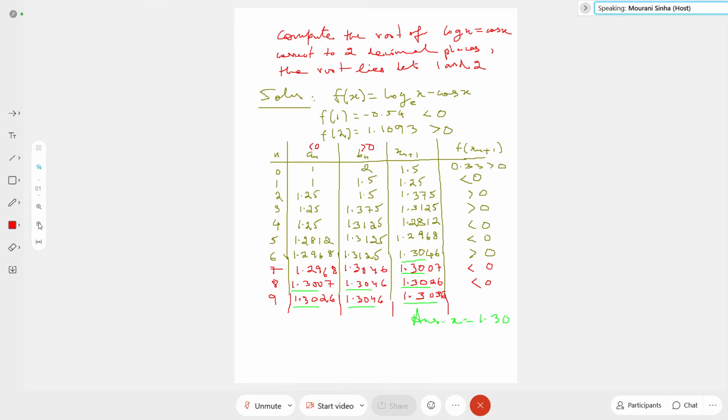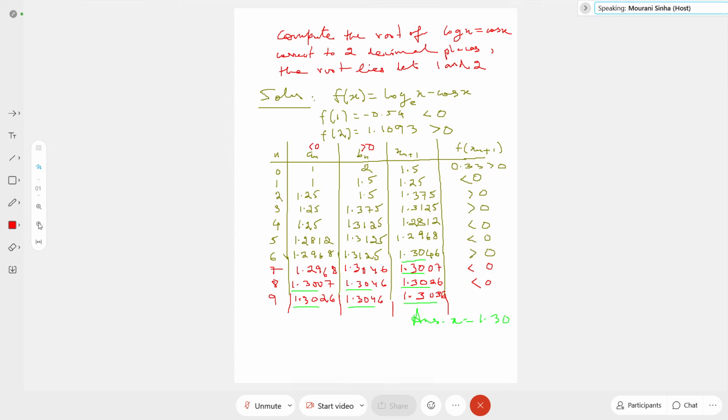Okay. So this is the root of log e base x minus cos x equals 0 between 1 and 2. 1.30. That's the exact answer for 2 decimal places. Yes, if you want a little more, 1.3036.